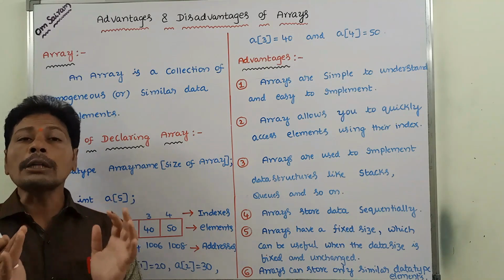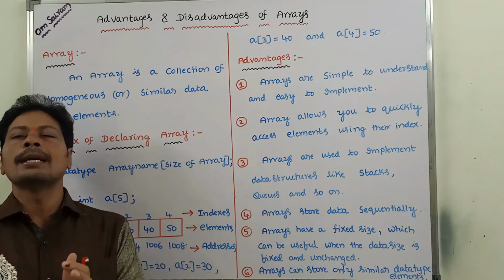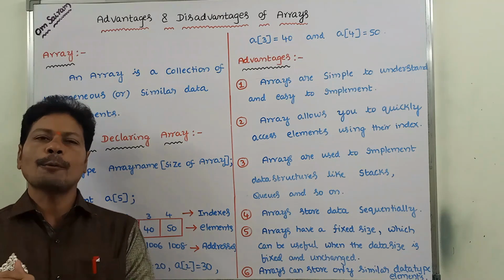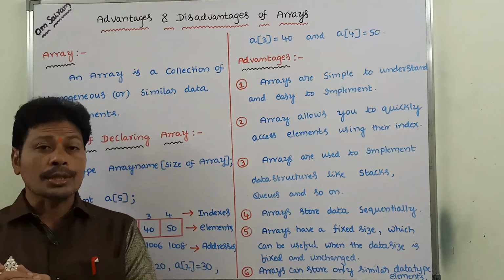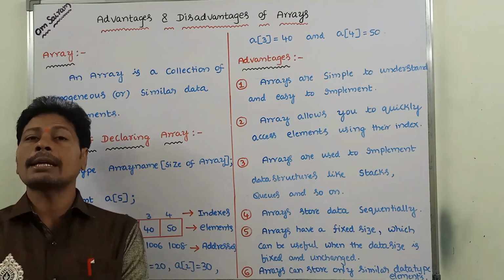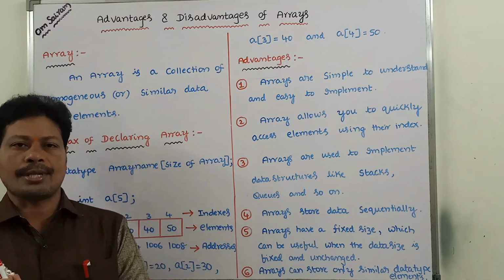It is not possible to store multiple data types under a single variable. For that purpose, we use the structure concept. To represent similar data type elements, we require the array data structure.